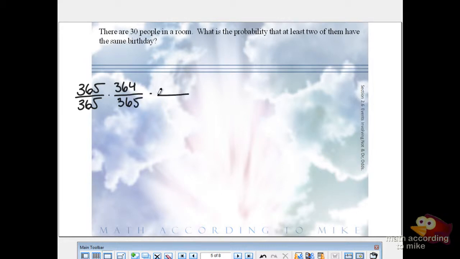Now the third person can't share the same birthday as the other 2. And how many such fractions do we need to make? 30. Totally not doing this. As it turns out, the numerator is a permutation.